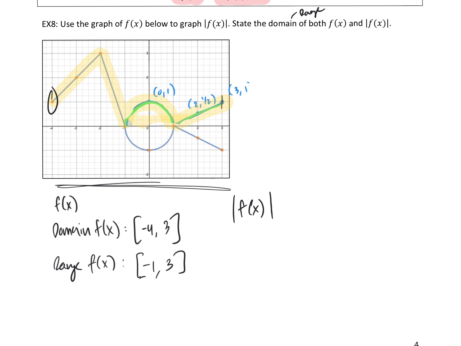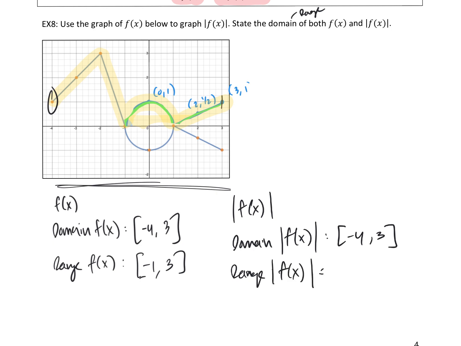It's going to go from negative 4 and continue on until 3. And then my range is going to be a little different. This time we're going to start over here at 0, because that's where my graph starts, and it continues on until 3. So from 0 to 3. All these values in between.